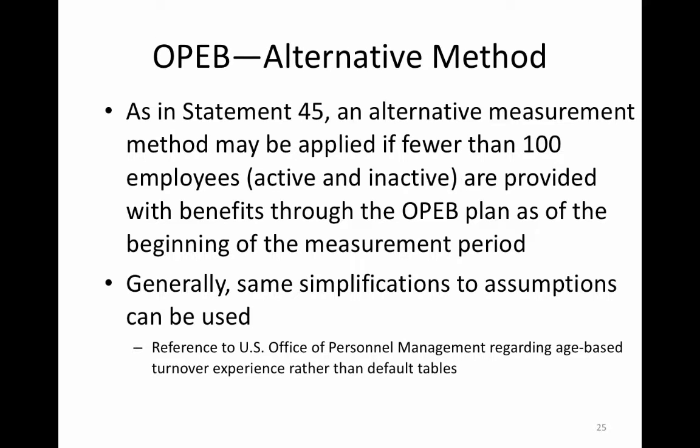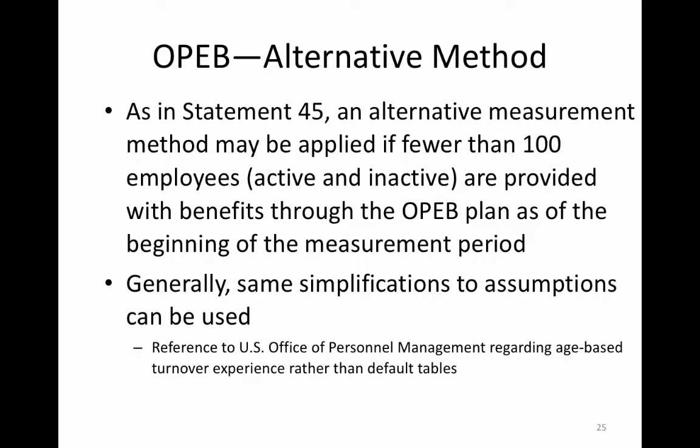For the OPEB standards, under the old standards and under the new standards, for very small plans, those with fewer than 100 members, active and inactive combined, they can use this thing called the alternative measurement method, which is a somewhat simplified approach that a government could use instead of having a full-blown actuarial valuation.